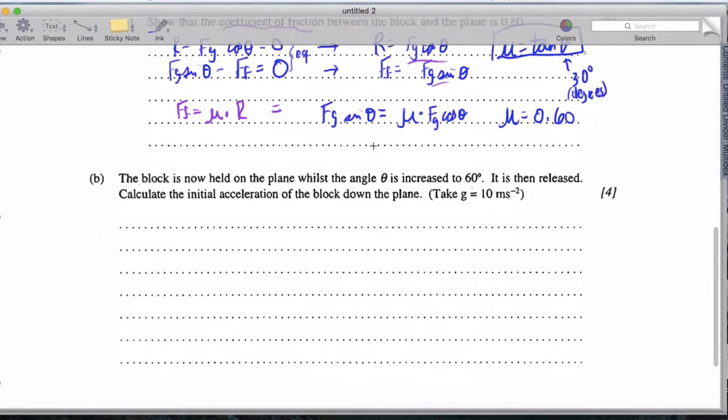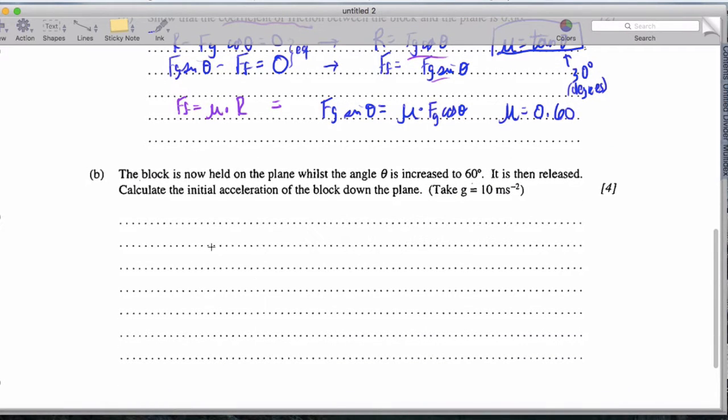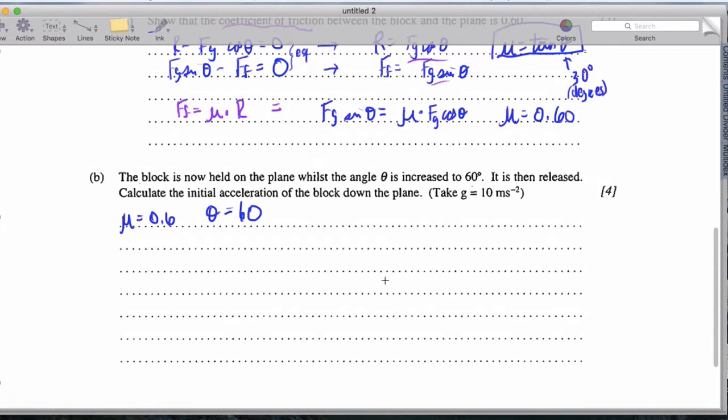All right, now let's do part B. So we're still going to treat mu as though it's 0.6. And now we're going to say that theta is 60. So here we go. Now I'm going to use the formula here, Fg sine theta minus the force of friction equals m times a.